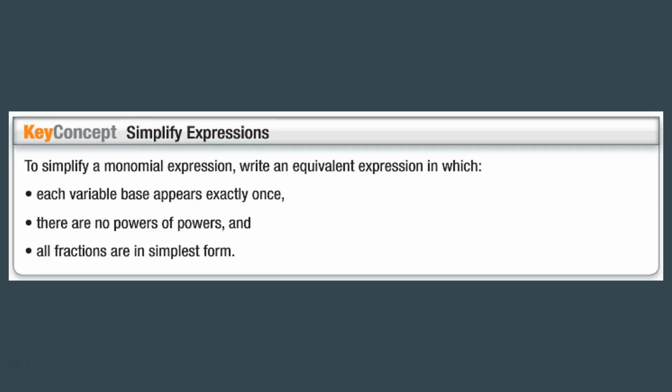Alright, it's really important when we're dealing with exponents and these kinds of equations that we actually simplify them. To simplify the monomial expression, we want to write the equivalent, which means the same, expression in which each variable base appears exactly once. What I mean by that is I shouldn't have x times x in the same equation.